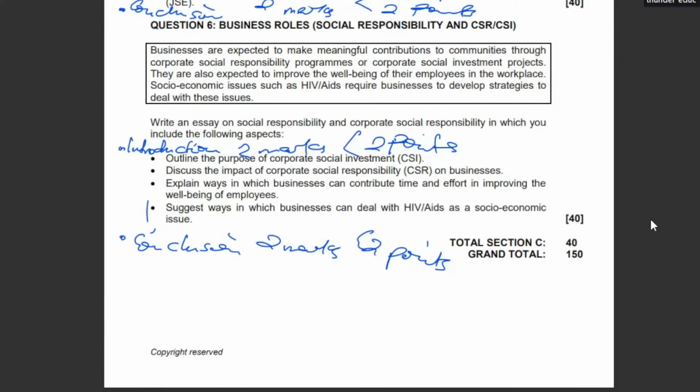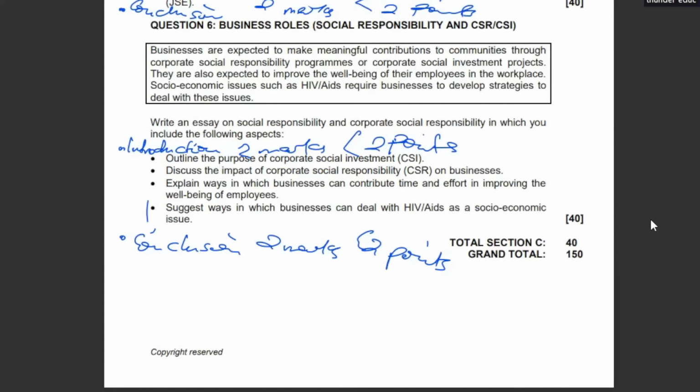Corporate social responsibility enables businesses to consider the impact of their operations on both the internal and external stakeholders.